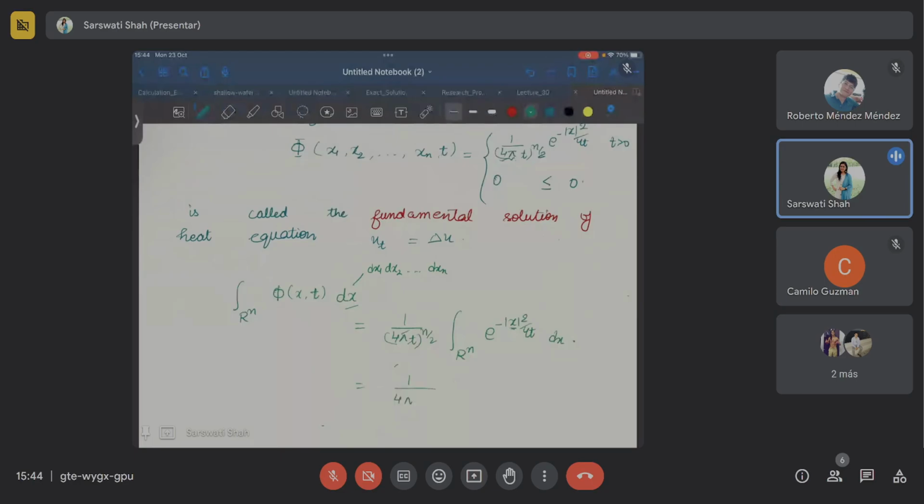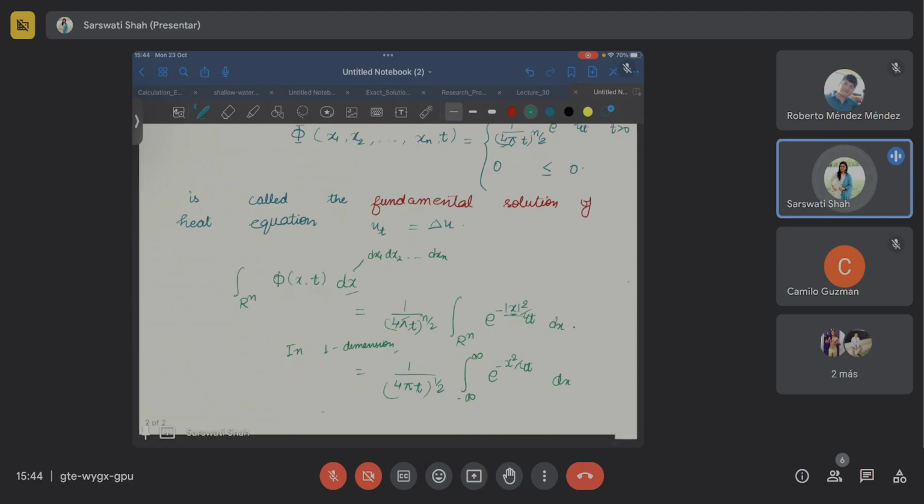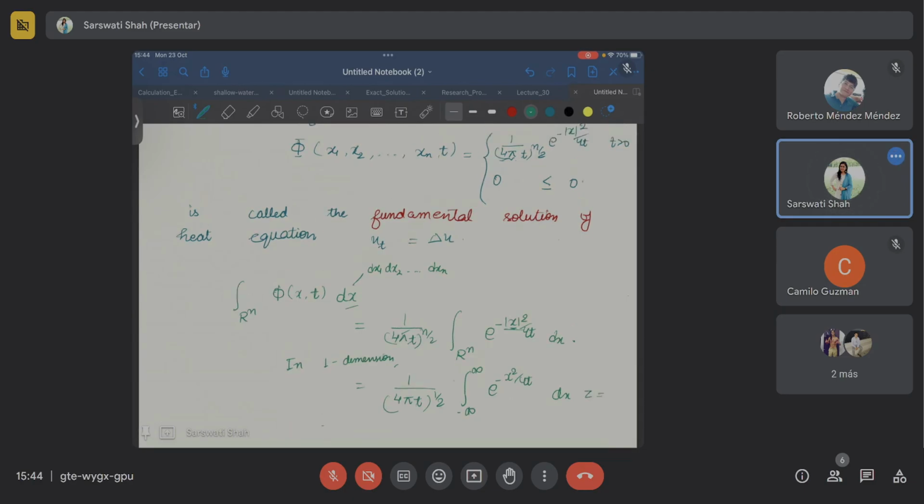Suppose in one dimension, the modulus will be reduced to just minus x squared over 4t, and then you can take z equals x over 2 square root t, so that z squared is x squared over (2 square root t) whole squared.